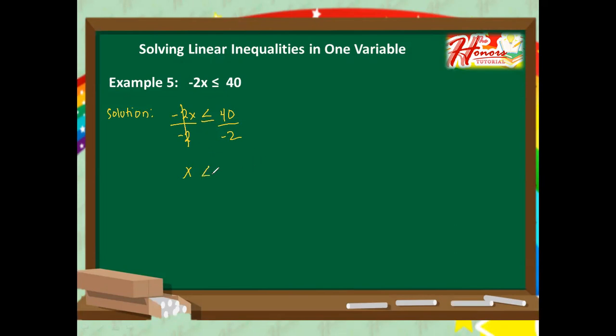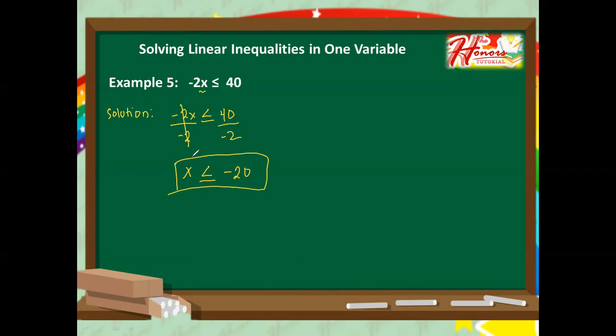So that is less than or equal to 40 divided by negative 2 is negative 20 because positive divided by negative is equal to negative and 40 divided by 2 is 20. So therefore, the values of x that you should be having here is less than negative 20 or equal to negative 20.